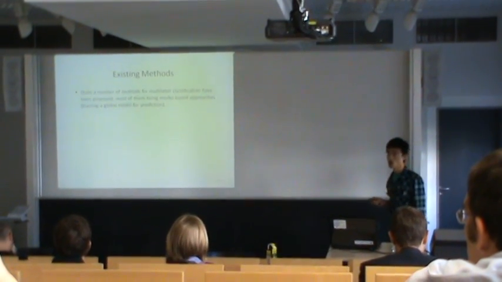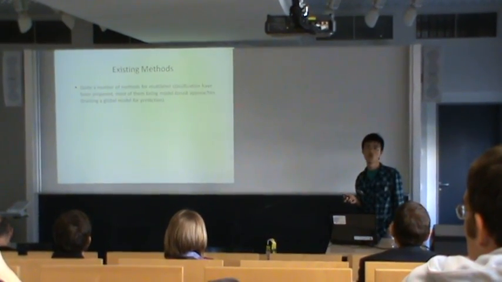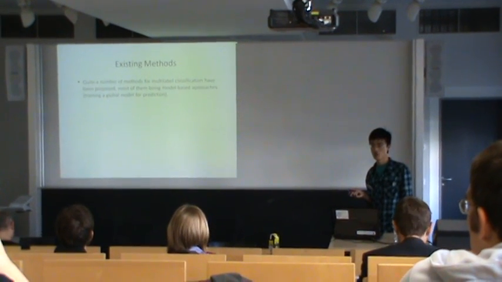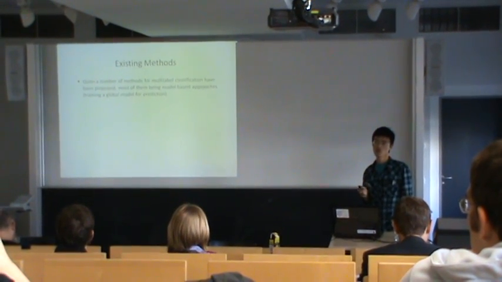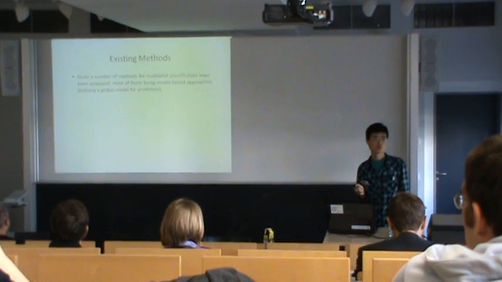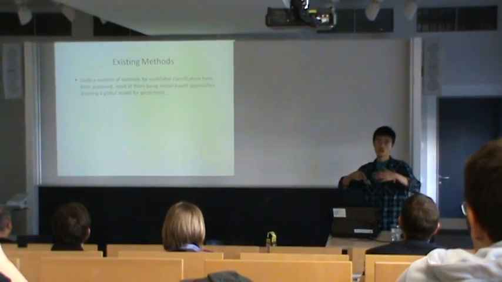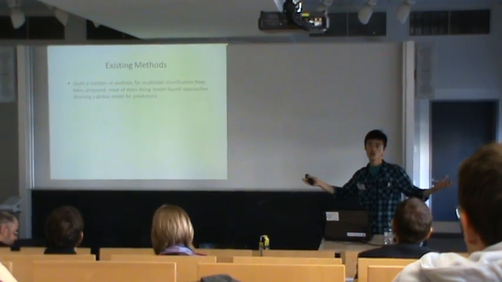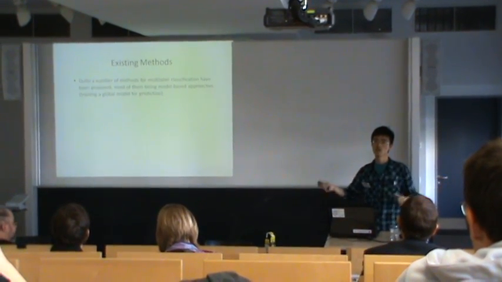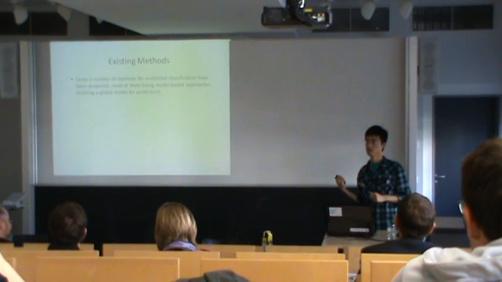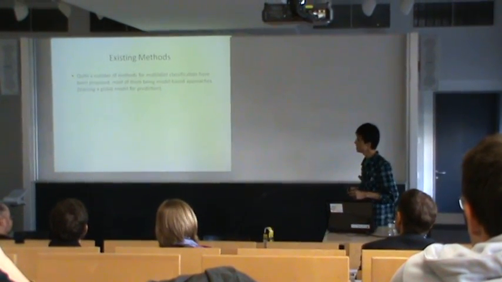So there is already quite a number of works on this multilabel learning problem, and most of them are model-based approaches. The idea is that I give you training data, you train a global model, and at test time, you just apply this model and it gives you the outcome.